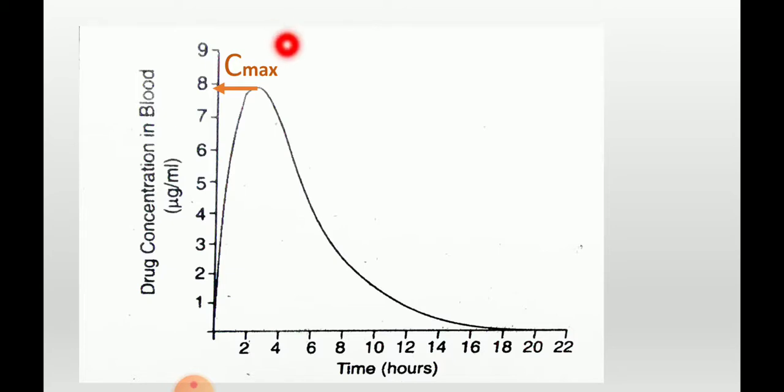But at this topmost point, where the maximum height achieved by this drug is called Cmax or concentration maximum. The time at which it reaches maximum height is known as Tmax or time maximum.